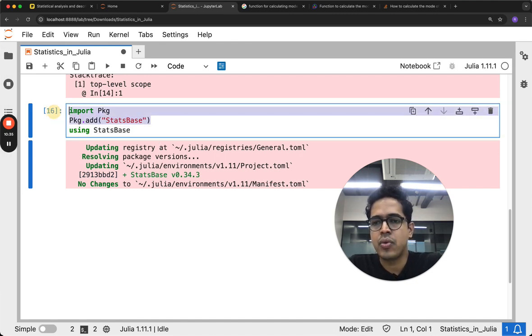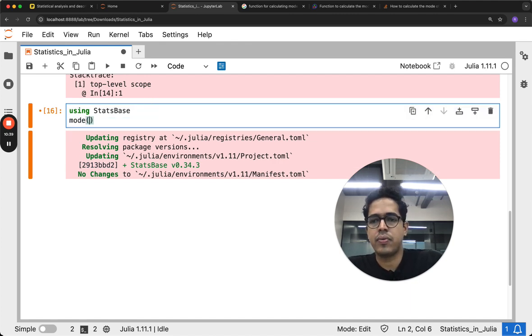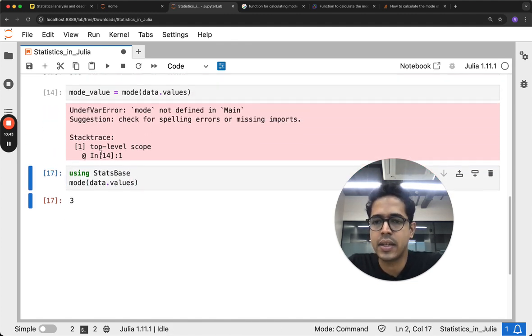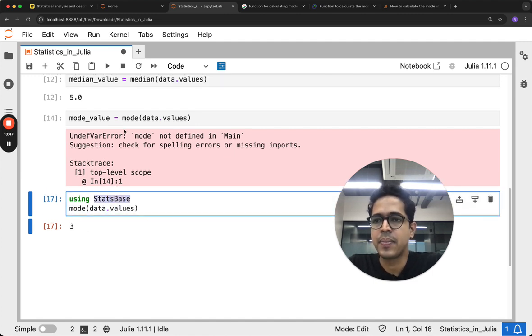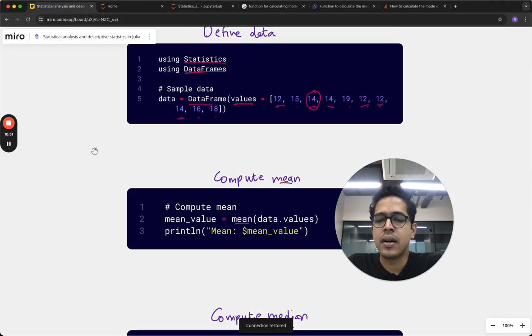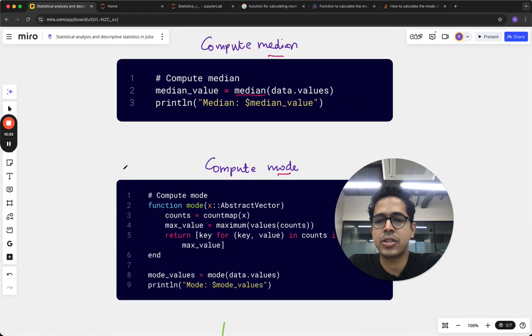So I can remove this, and then perhaps mode of data.values. I don't know if this works. Okay, it's working. So there is a mode function within the StatsBase package. What I had written previously was a function, because within Statistics a mode function did not exist.